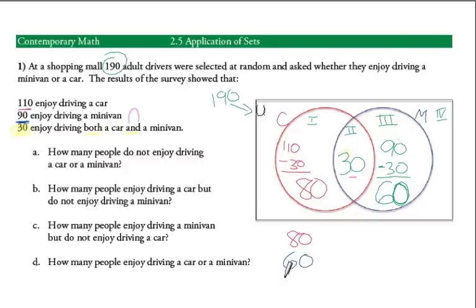And we have 30 that enjoy both. So what does this add up to here? 8 and 6 is 14, plus 3 is 17. So far, we have 170 drivers that belong here in the union of the two sets. So if we want to find this last one, we're just going to take the 190 total minus the 170, and we're left with 20.